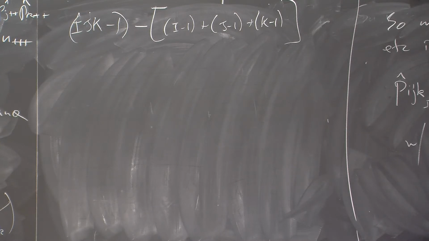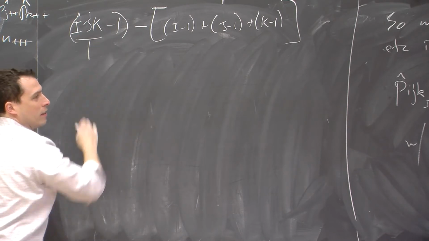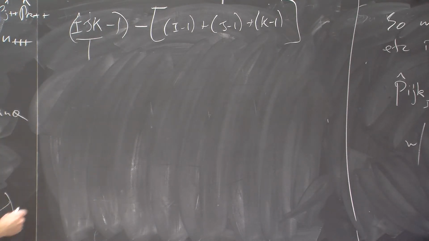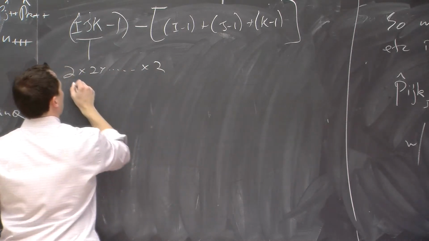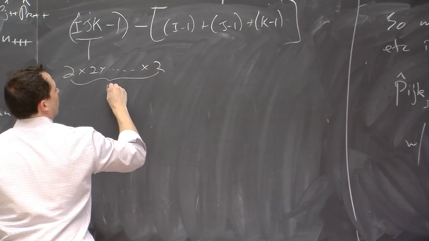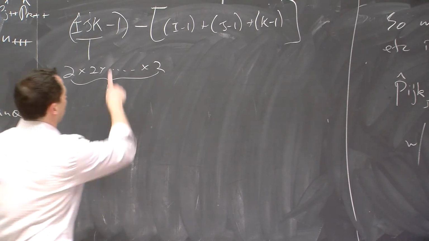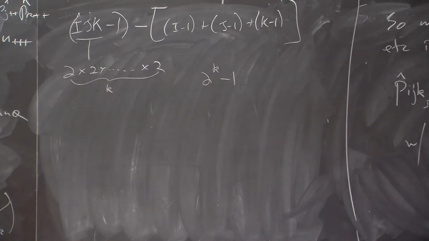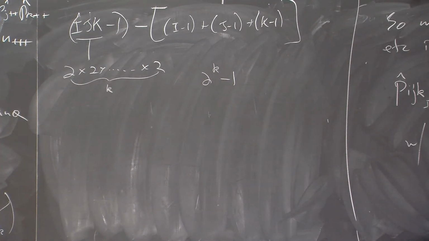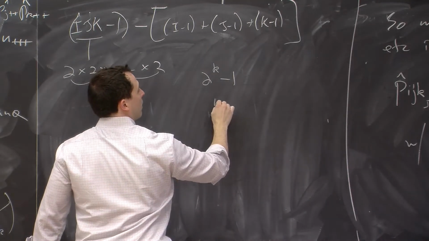So one thing to notice here is that as we consider multi-way tables, as the number of ways grows, so if I had a 2 by 2 by 2 table, and there were a little k of such things, this number is going to become 2 to the k minus 1, which grows very fast. This number is going to become k.